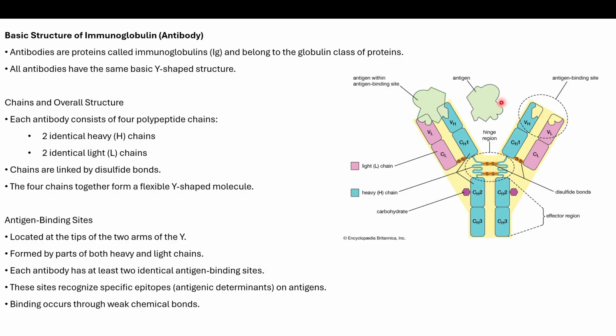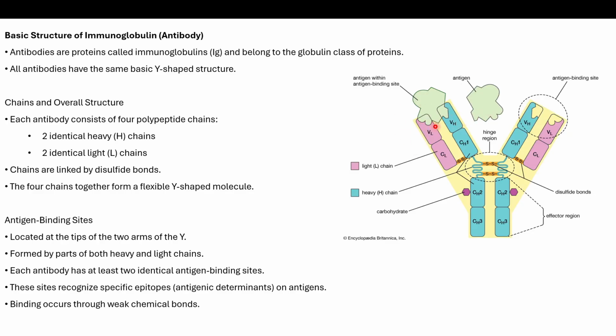The antigen binding sites are located at the tip of the two arms of the Y shape, and are formed by parts of both the heavy and light chains. Each antibody has at least two identical antigen binding sites; there can be more in these regions as well.